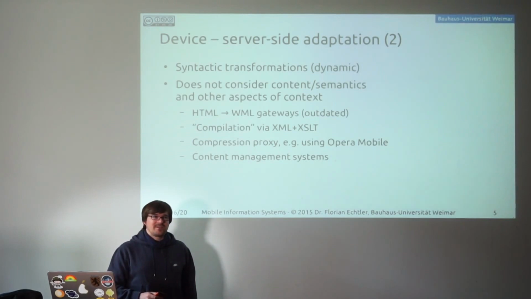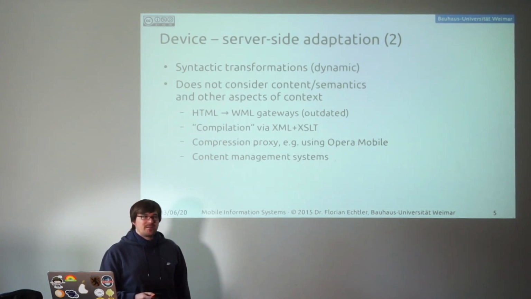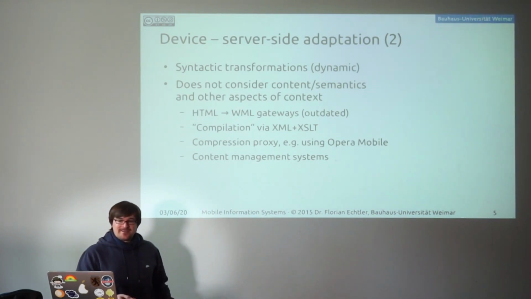So if you had something like the good old Nokia 6310, then that actually had a WML browser. And in theory, you could then go to a regular website via this gateway, and it would be transferred into this low-end mobile representation. But of course, anytime the website wouldn't actually use perfectly standard HTML, this would fail.